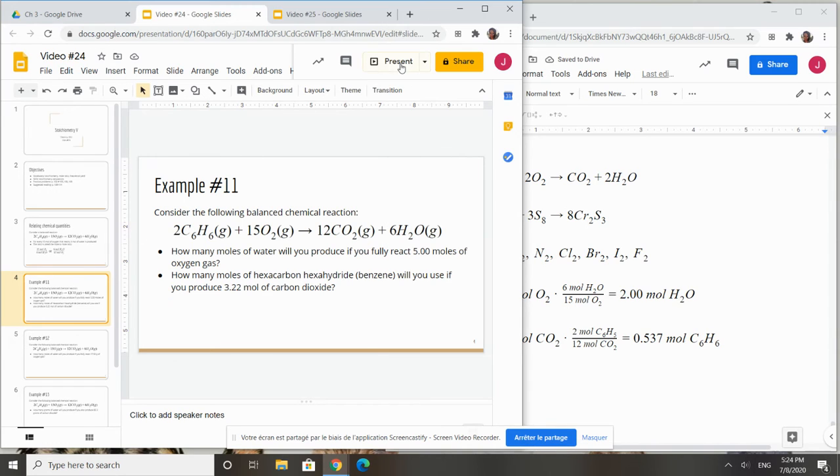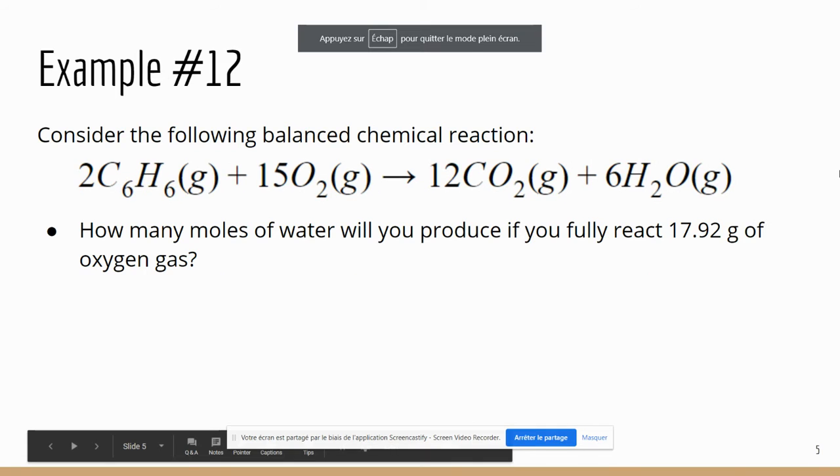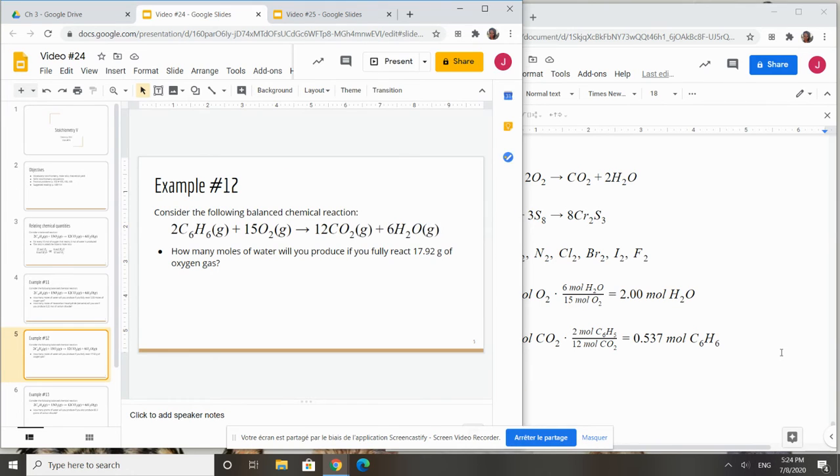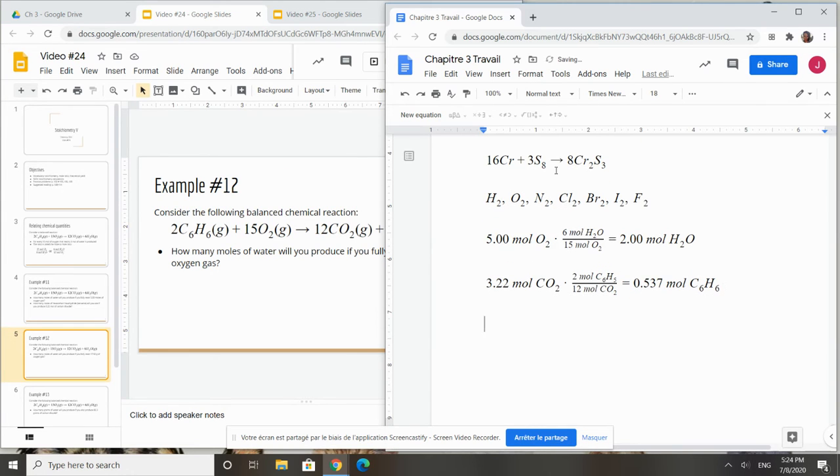Okay, now let's add on a step. Pause here. Okay, so this starts with grams of oxygen gas, which means that before I do my mole-to-mole ratio, I am going to need to convert that to moles using molar mass. But I wrote mole, I meant grams.